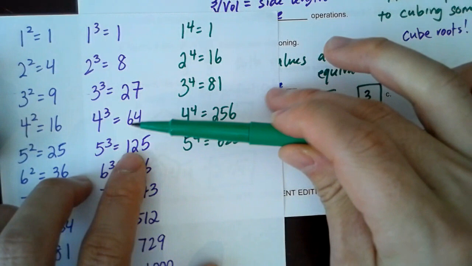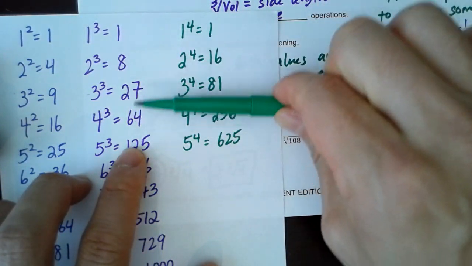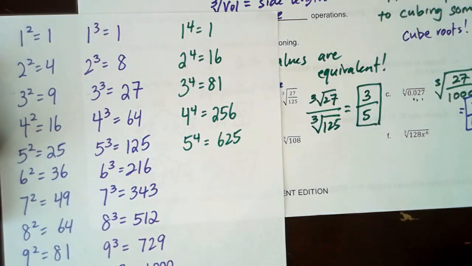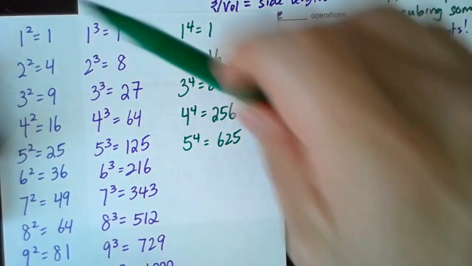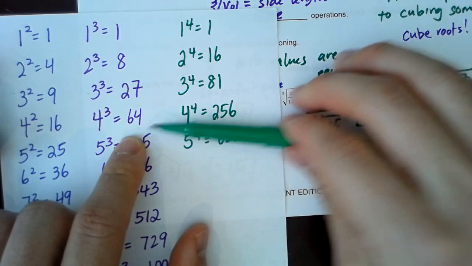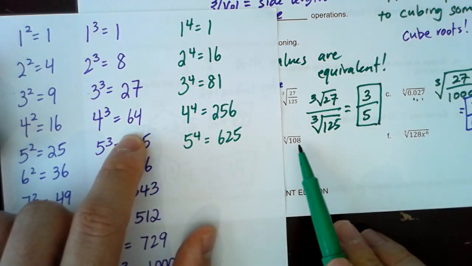So I just go from here and I go up to see which of these four potential numbers is a factor of 108. Now, obviously, 1 is going to be a factor, so we don't even have to look at 1. So my three choices: is 64 a factor of 108?